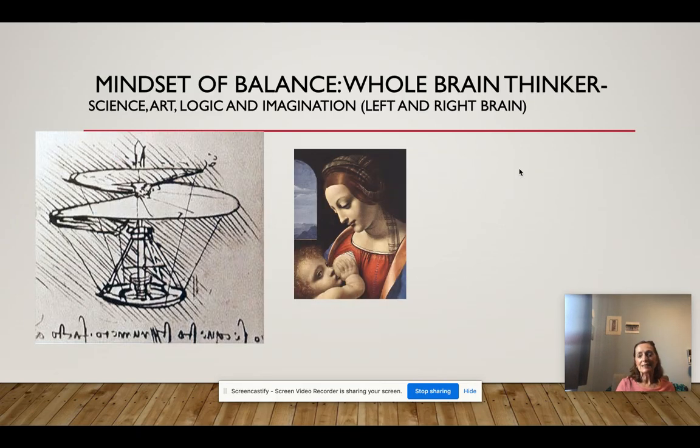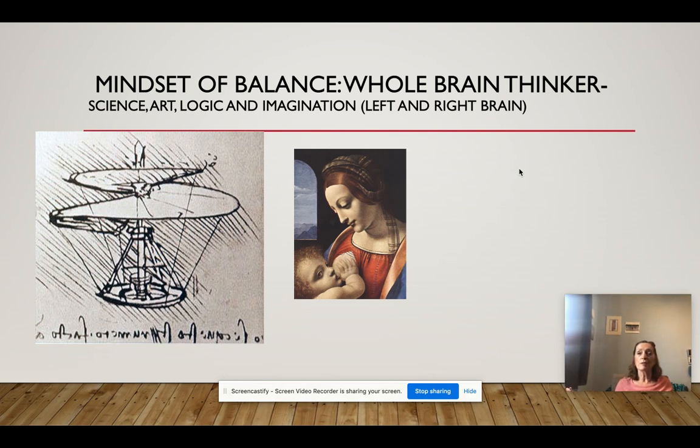This is artwork by Leonardo da Vinci. And the mindset here is balance. So we have the mindset of neuroplasticity and the mindset of balance. We have a left side of our brain and the right side of our brain. The left side of our brain is the logical part. The right, the more emotional part.